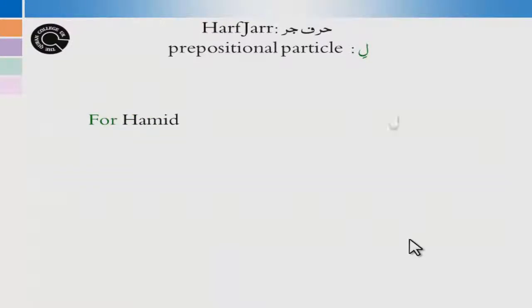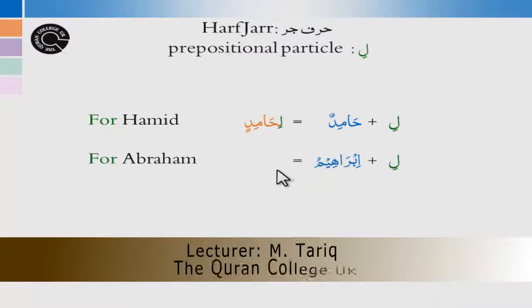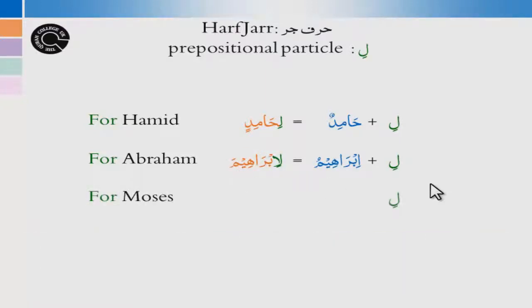Now for Hamid, when we say lam, it will be Hamidun, and that would push away to li Hamidin. And for Ibrahim, let's take li plus Ibrahimu, and then li Ibrahima. And for Moses, then li Musa, and then it will be li Musa.